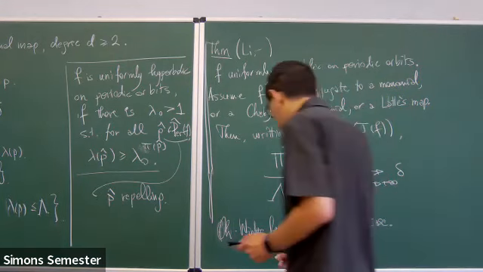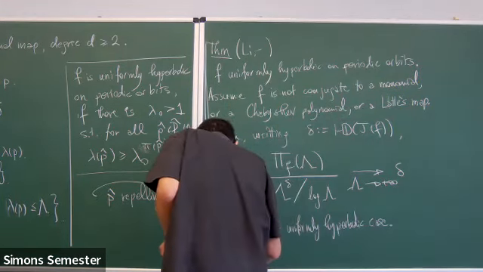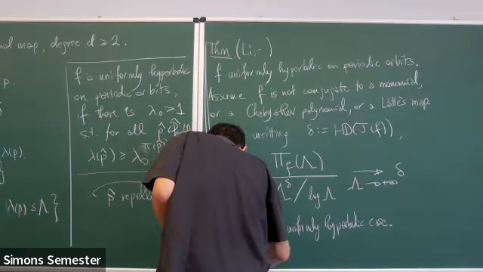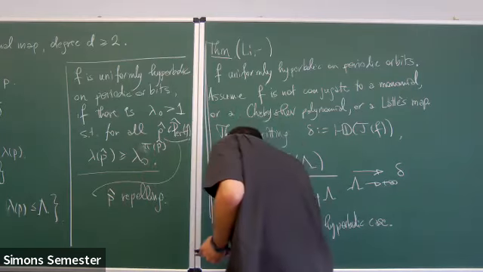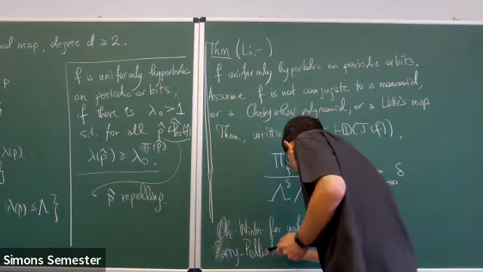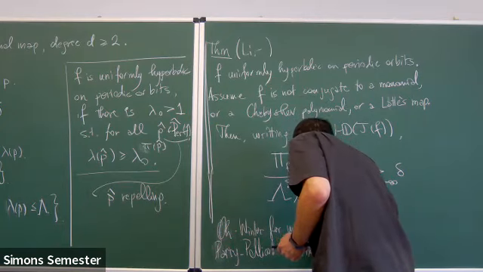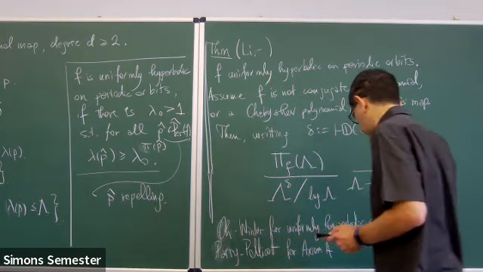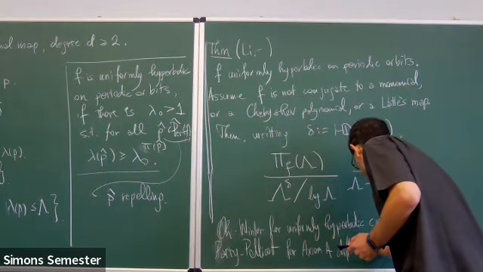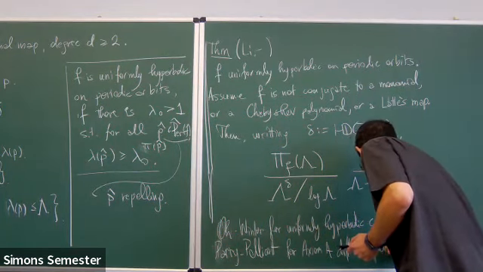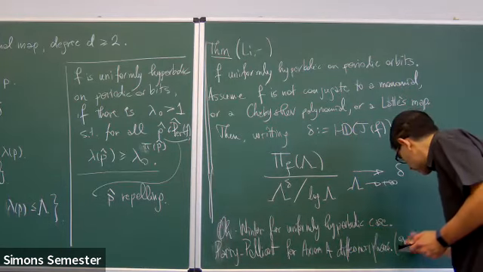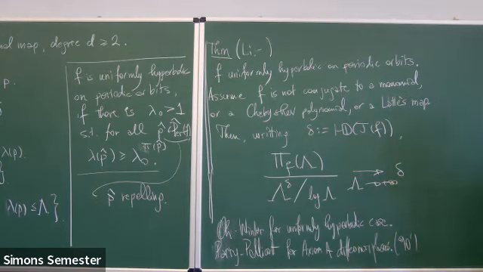And for Axiom A diffeomorphisms, this is a theorem by Parry and Pollicott. But okay, so this is the 90s maybe.